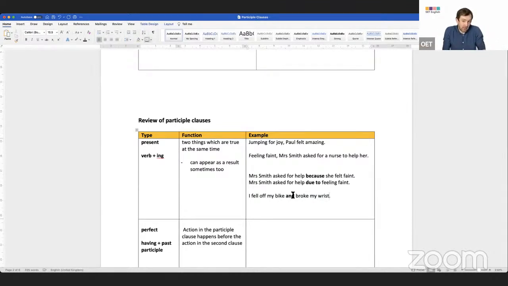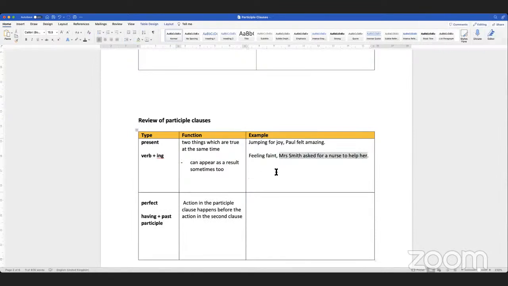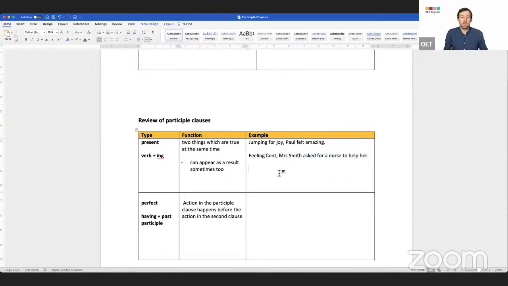But technically in English, and is just saying this is another thing which is true. And it's the same with the present participle. The present participle is just supposed to say this is true at the same time as this. And it's not just in the past.